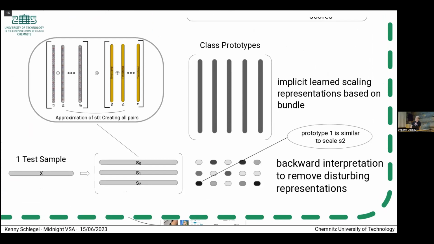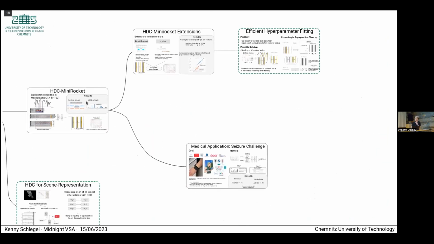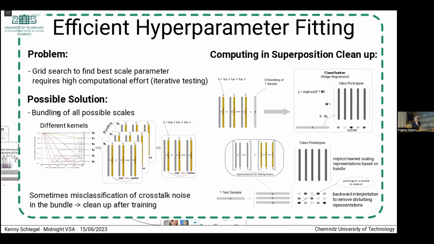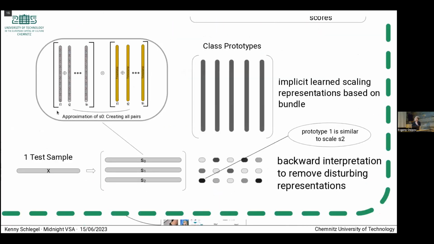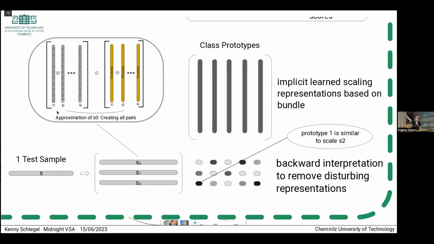To do so, we need our embeddings for each scale, and to avoid computing the embeddings for each scale individually, we can use an approximation based on the original MiniRocket features bundled and bound to the bundled timestamp from the specific scale, which creates an approximation of all pairs between them.